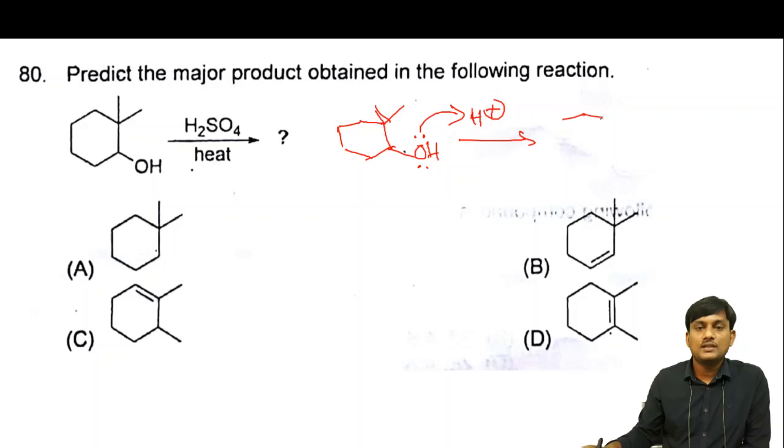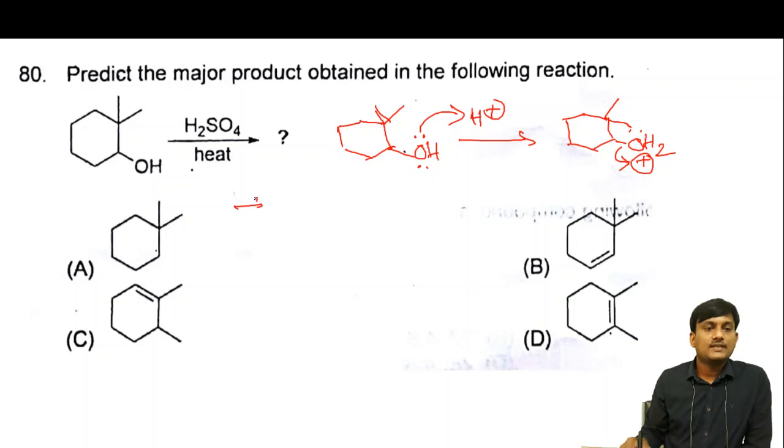First step, there is a protonation. So you will get OH2 plus, and there is a removal of water molecule. So next step, you will get carbocation. When there is a removal of water, you will get carbocation.